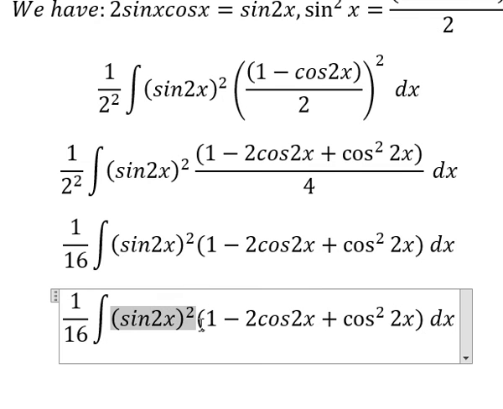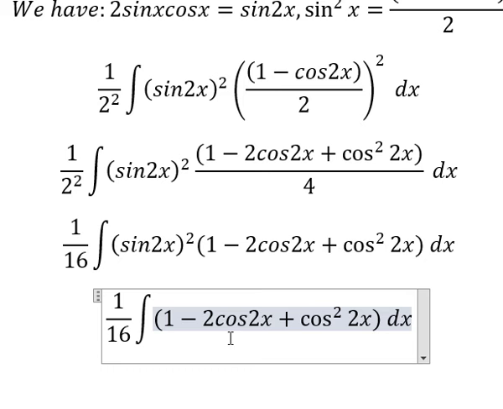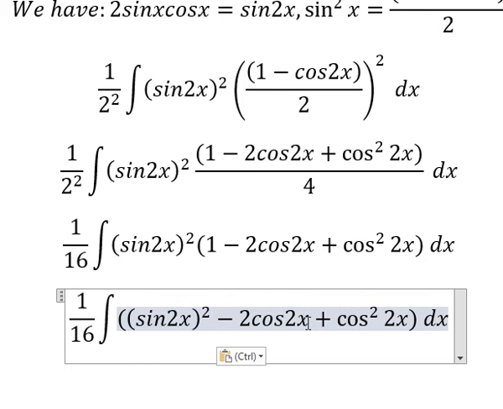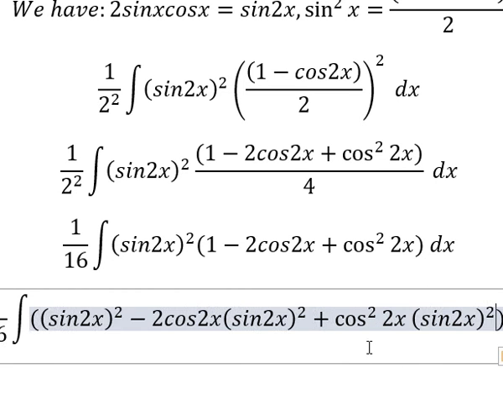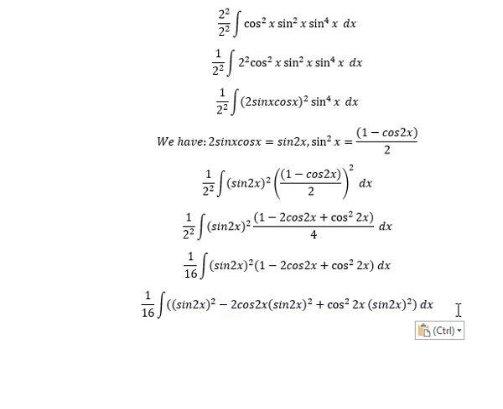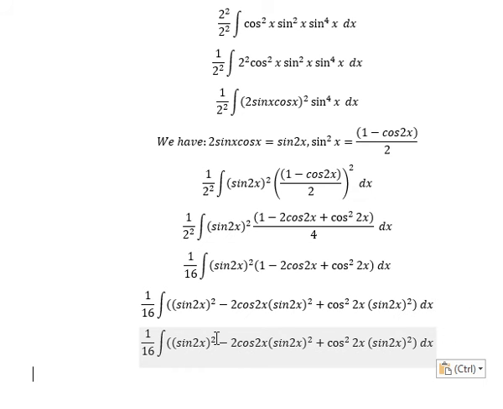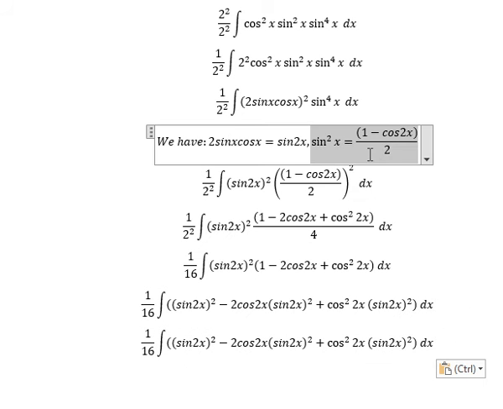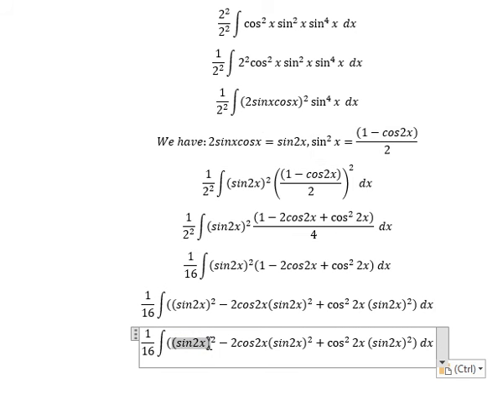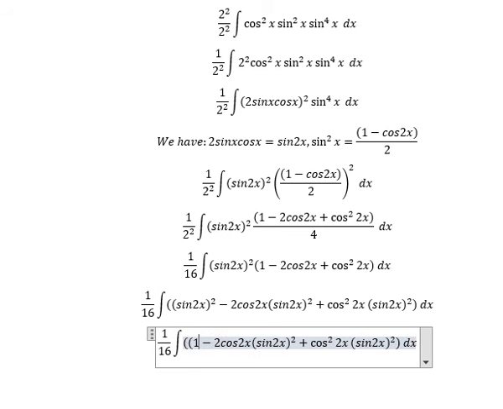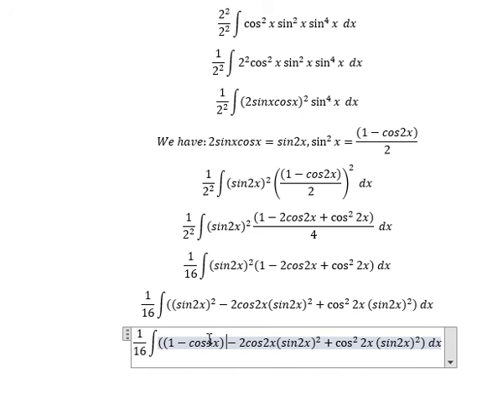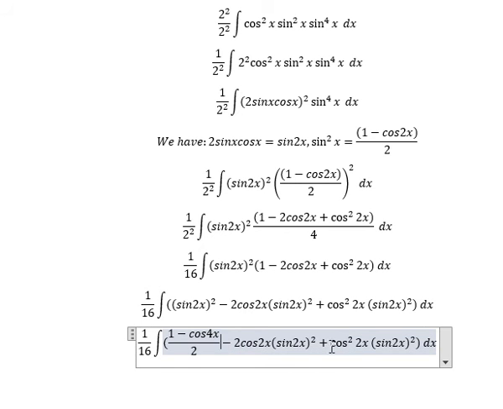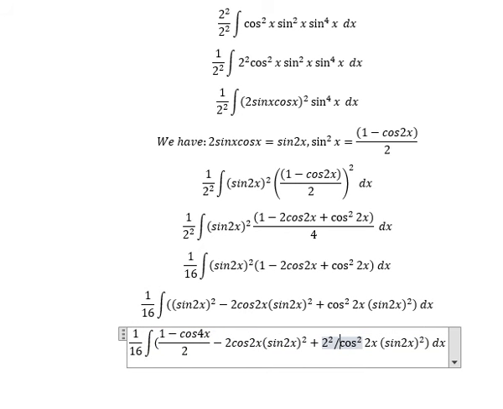So this one multiplied by 1 minus 2 cosine 2s plus cosine^2 2s. Sin^2 2s, we change just similar to this formula in here. So we will have about (1 minus cosine 4s) over 2. This one, we put about 2 squared over 2 squared.